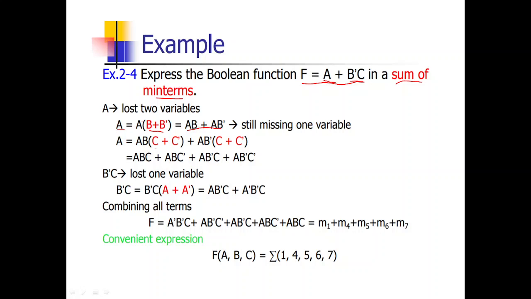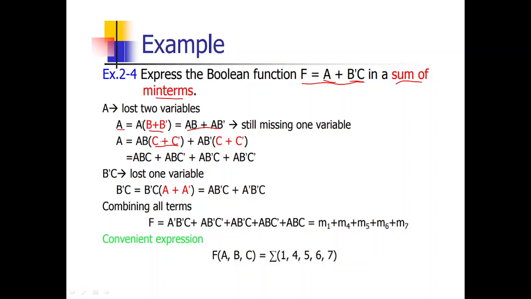So these two terms are missing the variable C. We have to follow the same procedure: AB into (C plus C dash). We have to include the OR term of the missing variable, that is, AND the OR term of the missing variable, right?